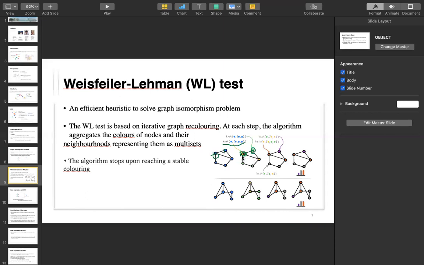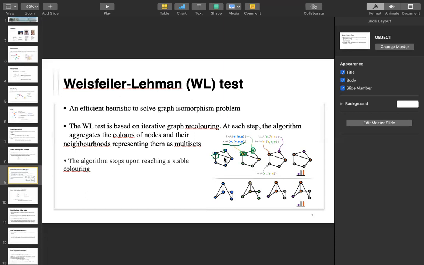So we want to differentiate between these 2 nodes because they have different neighboring structure, so that we put them into different colors. For now, we just base it on the number of neighbors, and also their features. The features are just blue. All the features are the same, right?